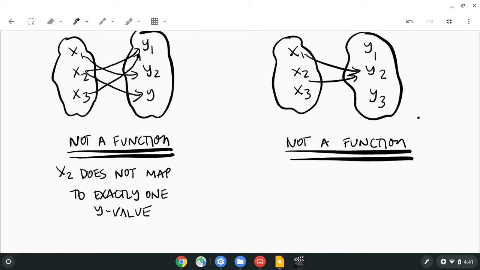Okay, so over here, this is not a function because x3 does not map to any y value. Okay, so make sure you understand what the reason is over here. Okay, so again, they can go to the same y value. That's okay.